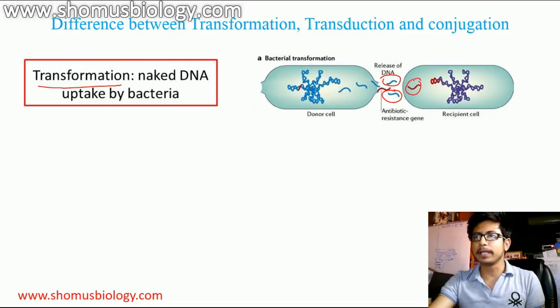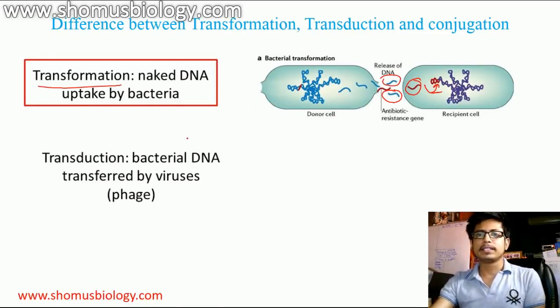After this uptake, that fragment can be recombined with the bacterial chromosome of that recipient cell. If it is recombined, then a new gene sequence is incorporated into the recipient cell. And with the help of this new DNA which is incorporated here, they can have different features.